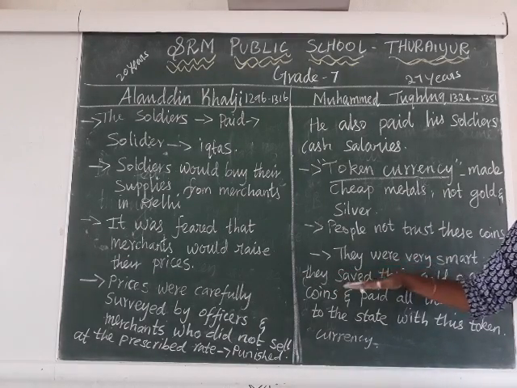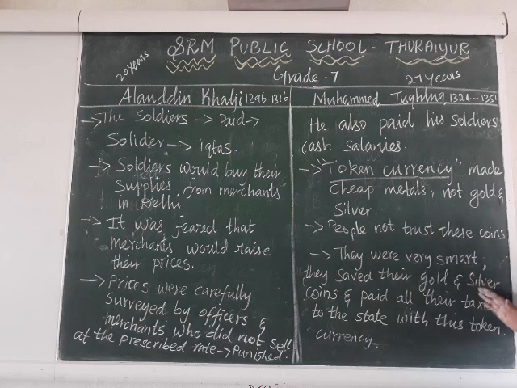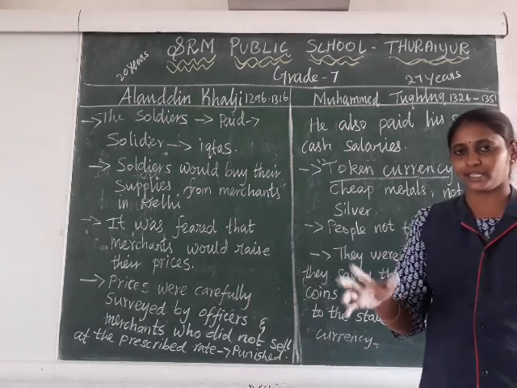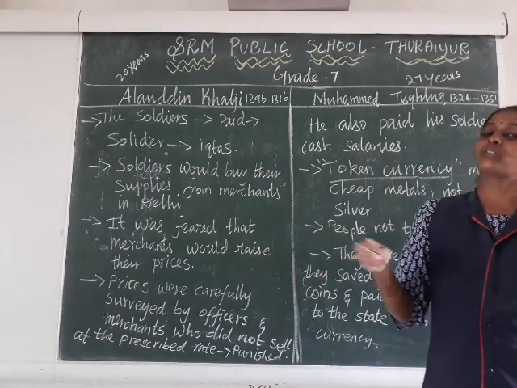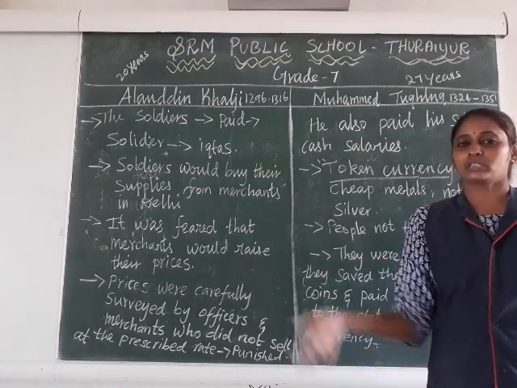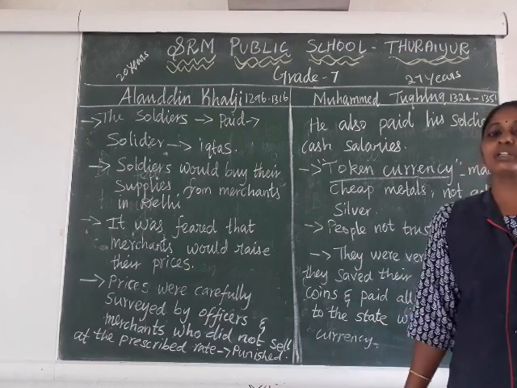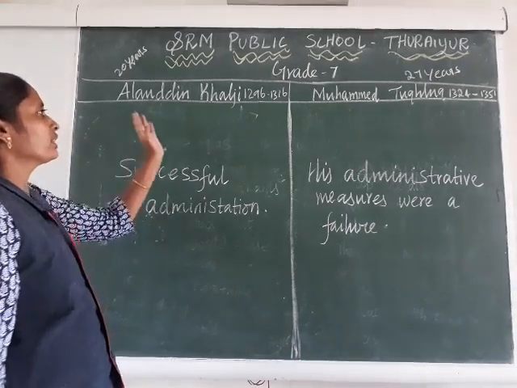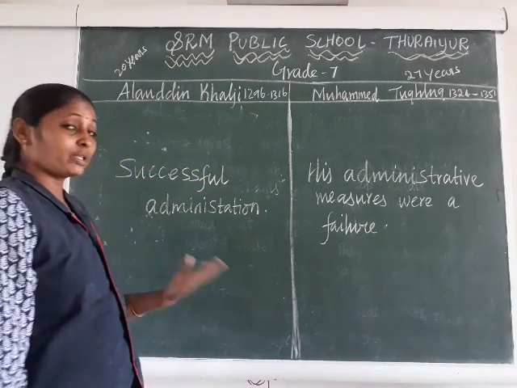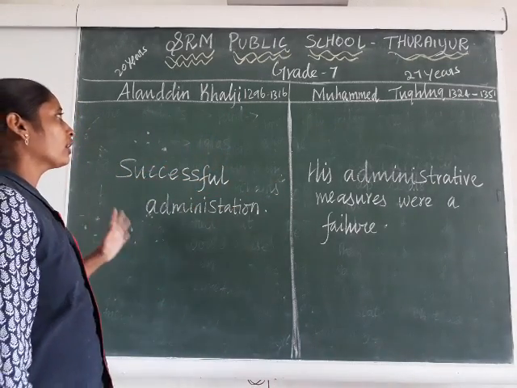So they saved their gold and silver coins and paid all their taxes to the state with this token currency, the currency he introduced. So at that time the entire economy failed.